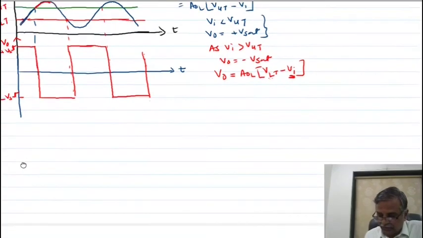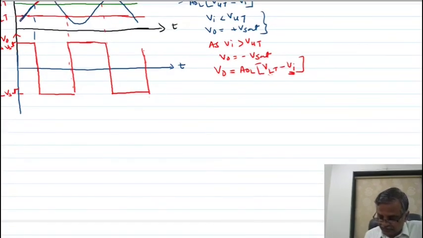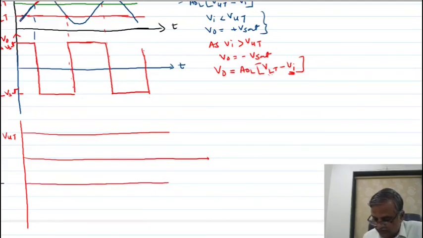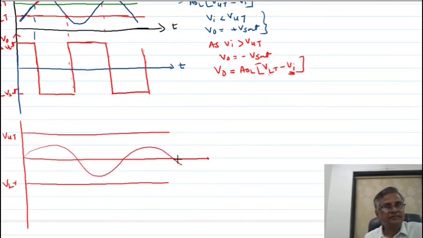Now, suppose someone says, sir, if this is your voltage level VUT and this is your voltage level VLT, and this is my input signal Vi with time period T, then what will happen?